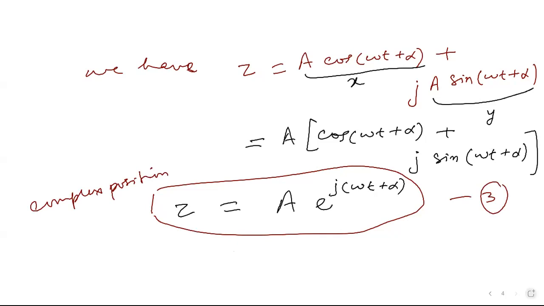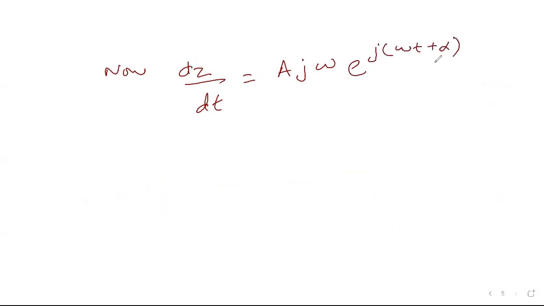Now differentiating this with time, let me use another page. Now dz by dt is simple to differentiate, is a j omega e raised power j omega t plus alpha, or I can write it j omega z.